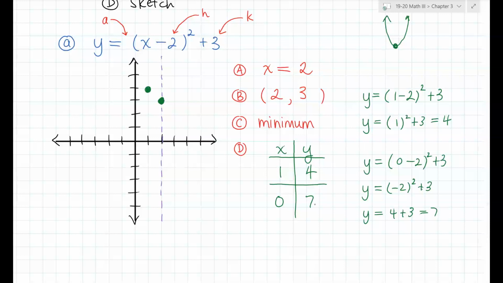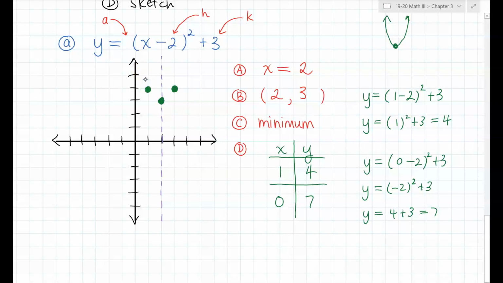So then how do I figure out what this graph looks like? Well, that's where the axis of symmetry comes in. If you notice, I have this point right here on the left side of the axis of symmetry. So I'm going to make a mirror image on the right side right here. It's going to be a perfect copy of what I have on the left side.